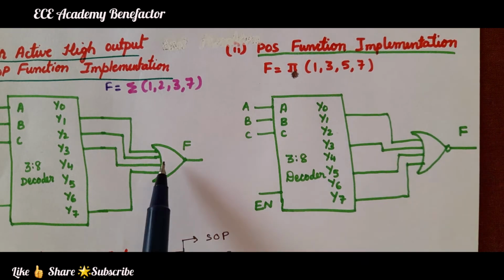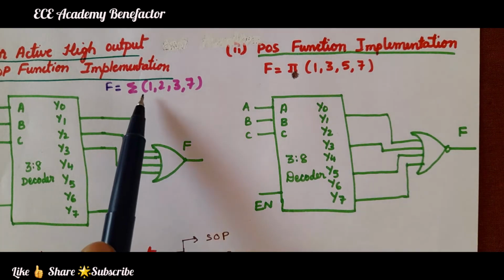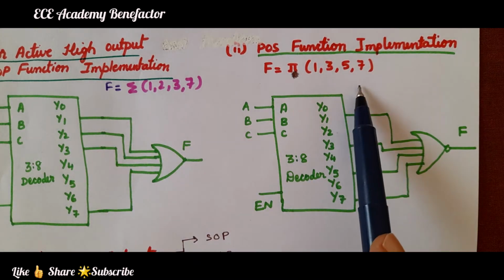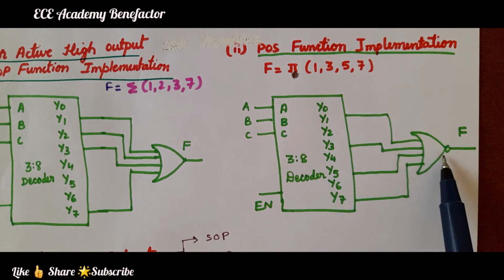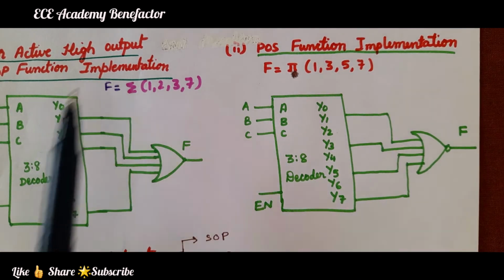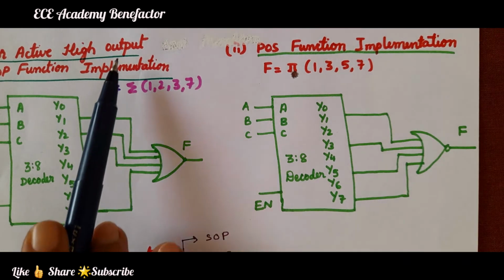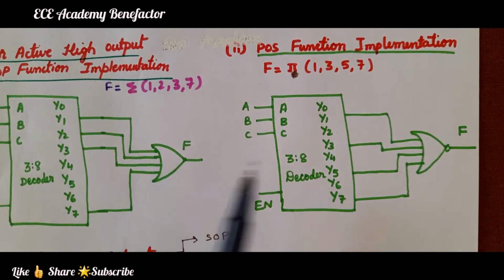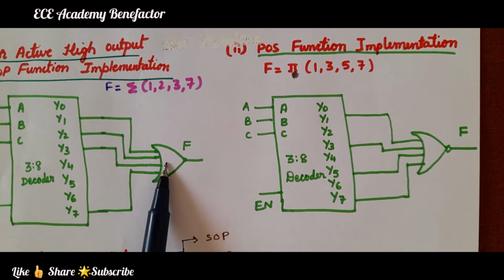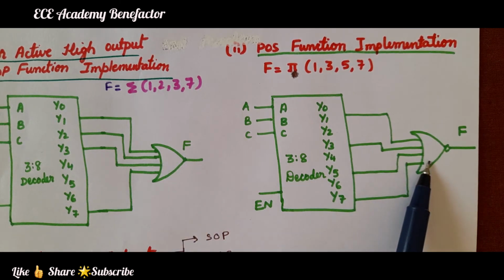In SOP form, the listed outputs are connected to the OR gate. In POS form the outputs are connected to a NOR gate. These two conditions are for active high output. So, for active high output we use OR gate for SOP form, and NOR gate for POS form.